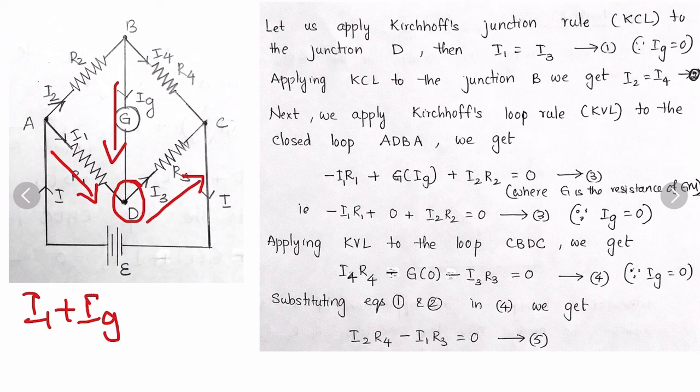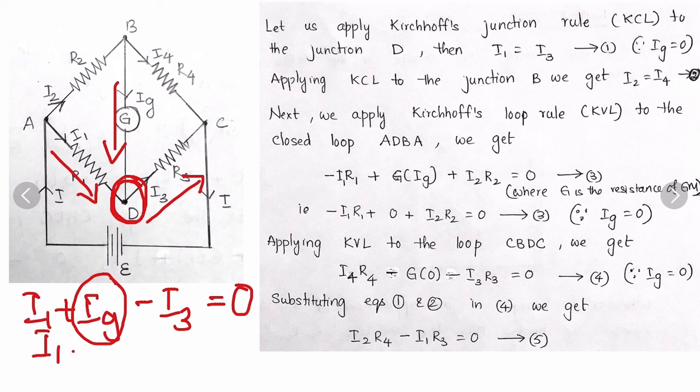The sum of the currents meeting at a junction is 0, that is KCL. I1 plus Ig minus I3 is equal to 0. I1 and Ig are positive because they are flowing towards the junction. I3 is negative because it is flowing away from the junction. Therefore, I1 plus Ig minus I3 is equal to 0. But in the balanced condition, Ig is equal to 0.